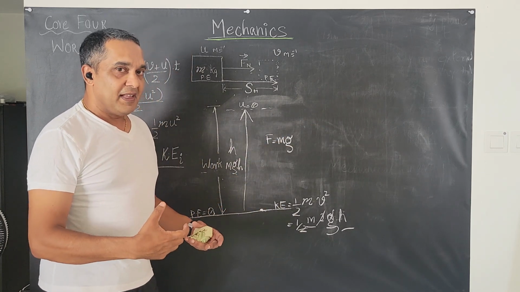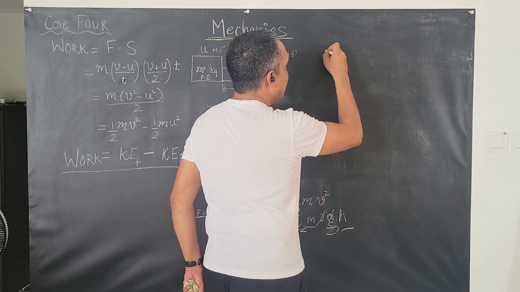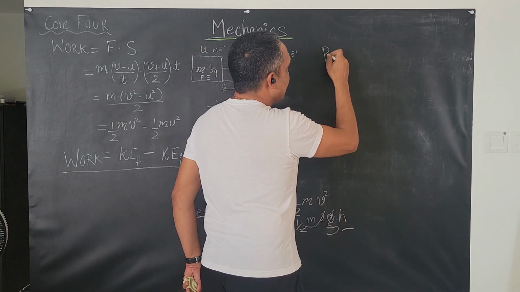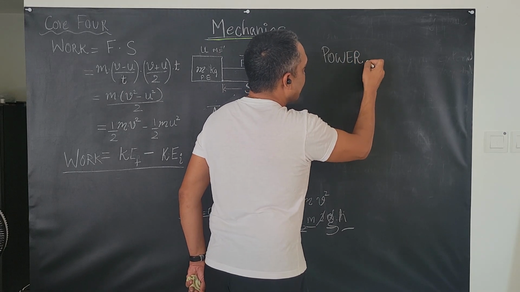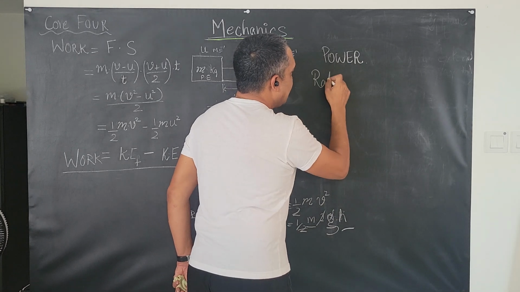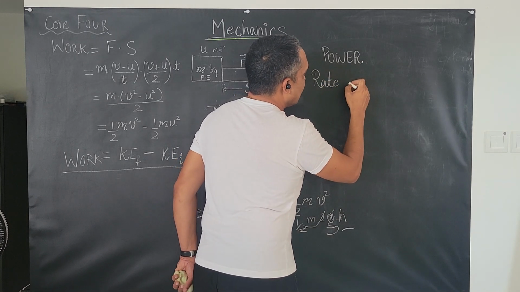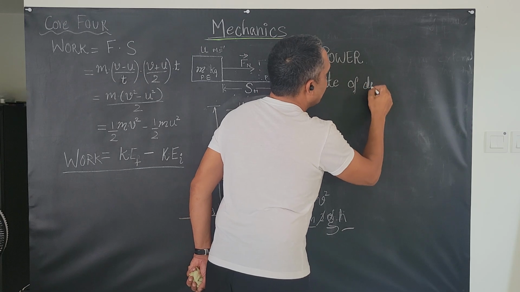You'd say, wow, this guy is powerful. So think of the rate of doing work as power, right? So I'm going to define this term here, power, as the rate of doing work.